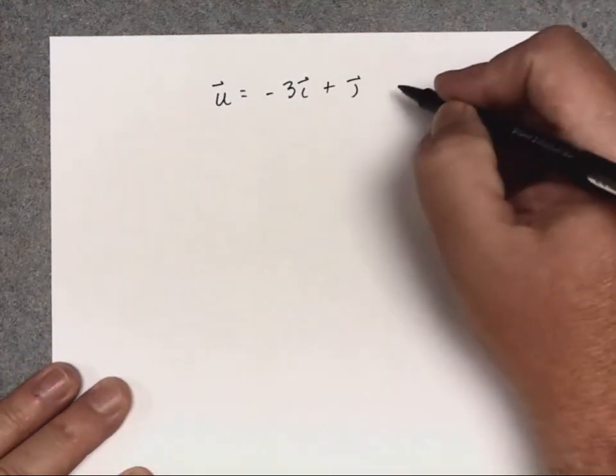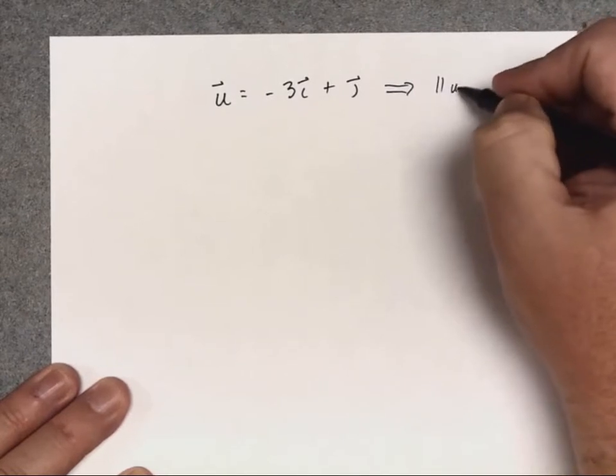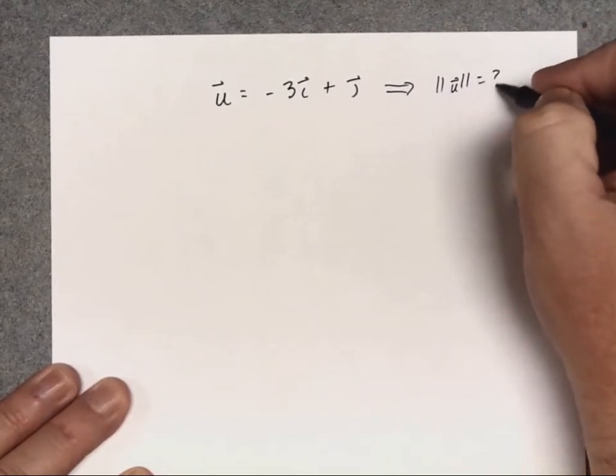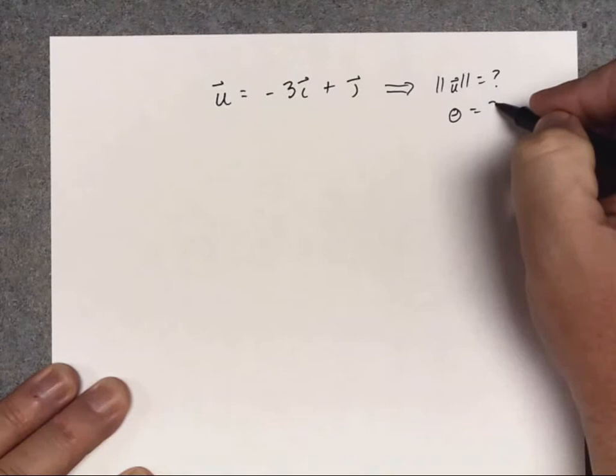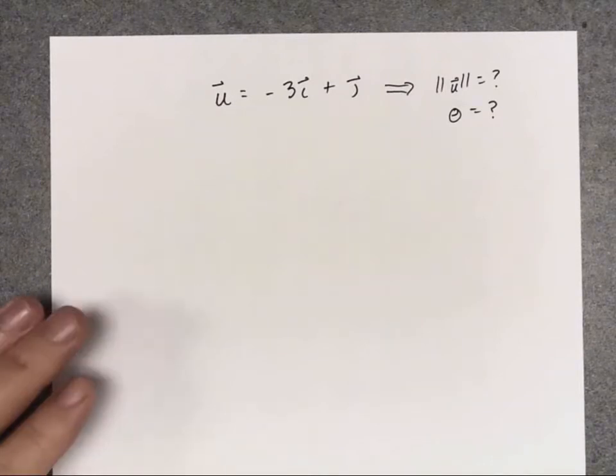We're going to plot that in a minute, but the point of this problem is we want to convert that and know what that vector would be in terms of magnitude and direction.